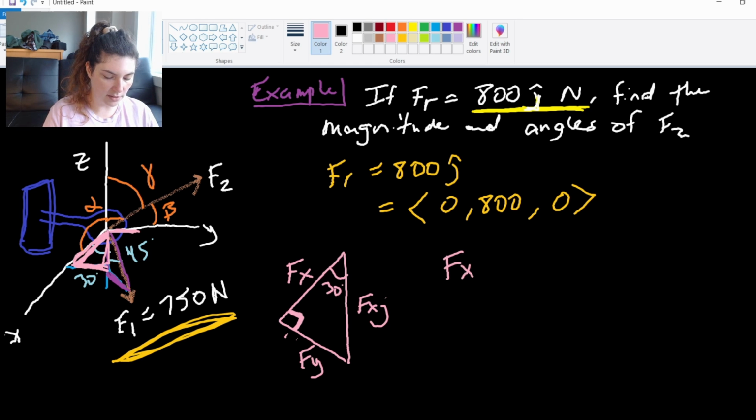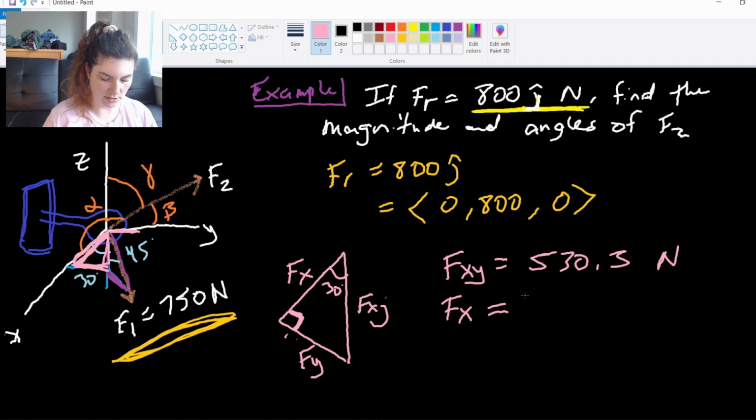So our Fxy, we said, was 530.3 newtons. So now we'll break that down into its components.